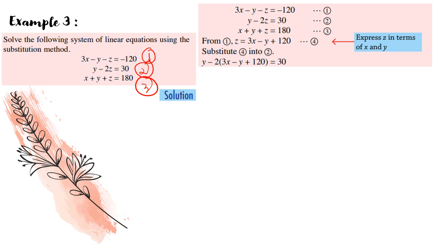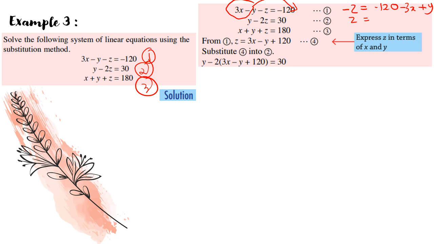So in this case, I want to make z the subject. So you move 3x and y to the right hand side. Okay, so you will get negative z is equal to -120 minus 3x plus y.